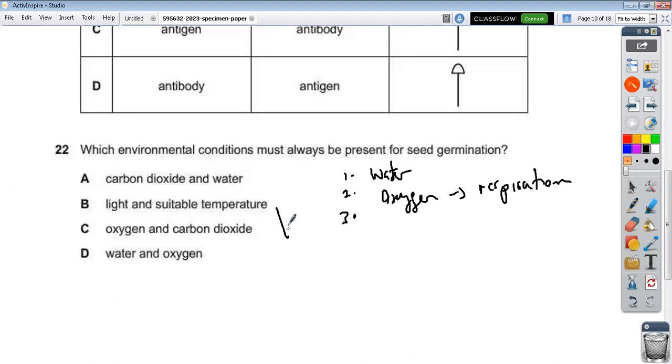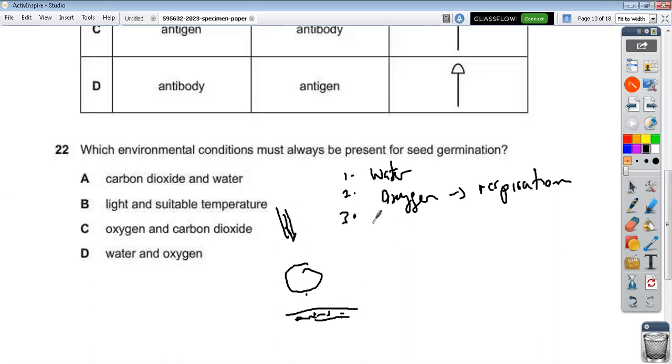But remember, things are underground. So I'm saying sunlight: remember, when we talk of germination, we talk of things that are underground, so we don't talk of light. Clear?